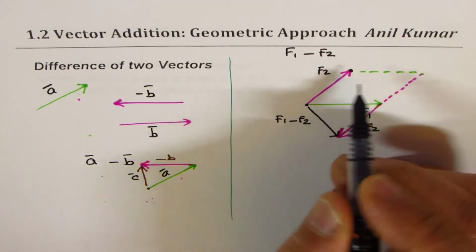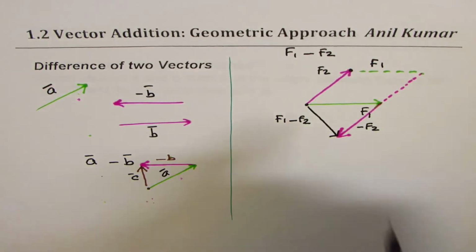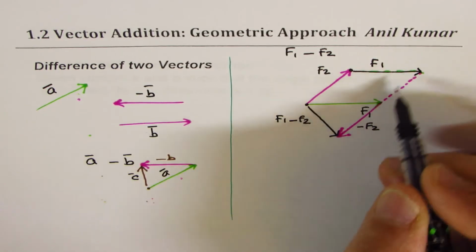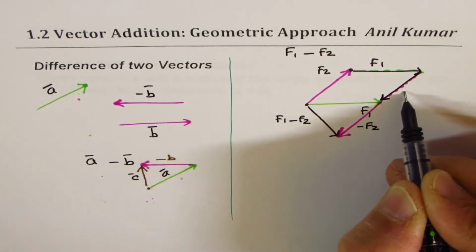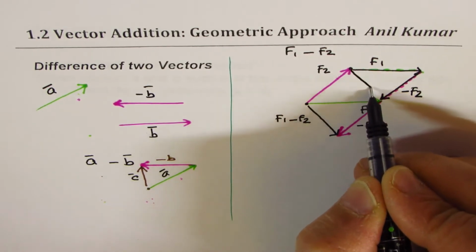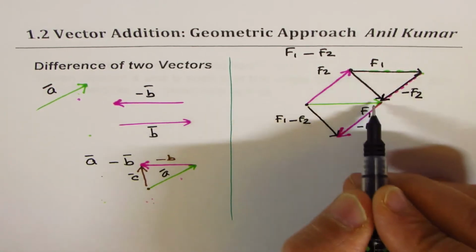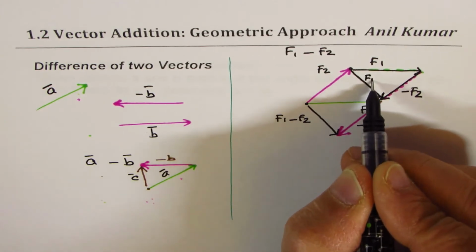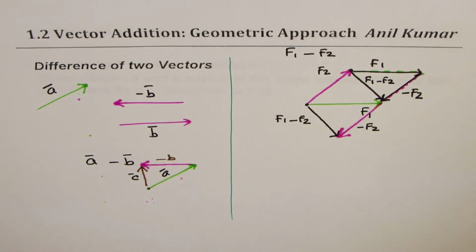This is F1 in this direction. Now F2 is in that direction. So F1 minus F2 will be this, that is minus F2. So what you see here is that the diagonal of the parallelogram, the shorter one in this case, represents the difference of F1 and F2. You get an idea. Correct?